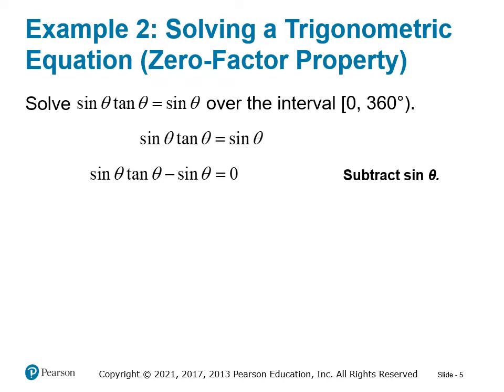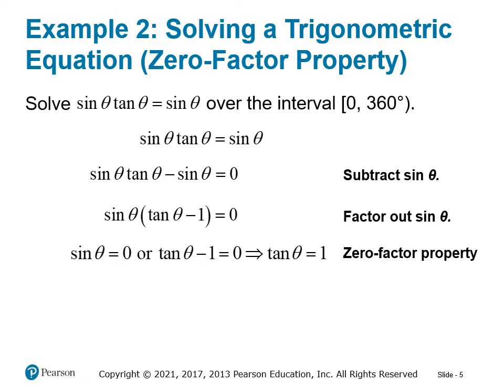And this is a place where we could use the zero property to separate each of those trig functions into its own factor. What am I talking about? Well, if we factor out sine theta, we get sine theta times tangent theta minus 1 equals 0. So this sets up two problems to solve: sine theta equals 0, or tangent theta minus 1 equals 0, which translates into tangent theta equals 1.